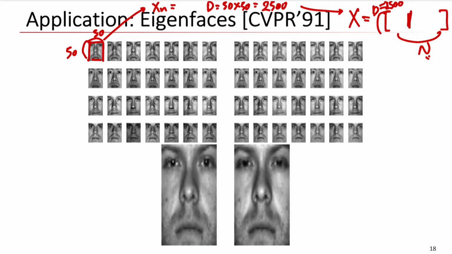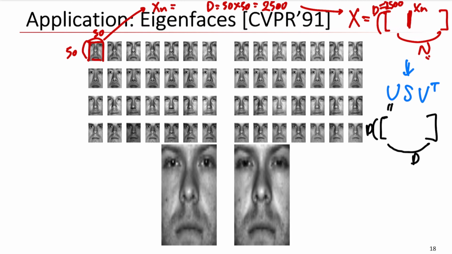So we have this one image here, right? Then we can compute the SVD, U S V T, right? So when you think of the U, it will be T times D, and we can use several things here.